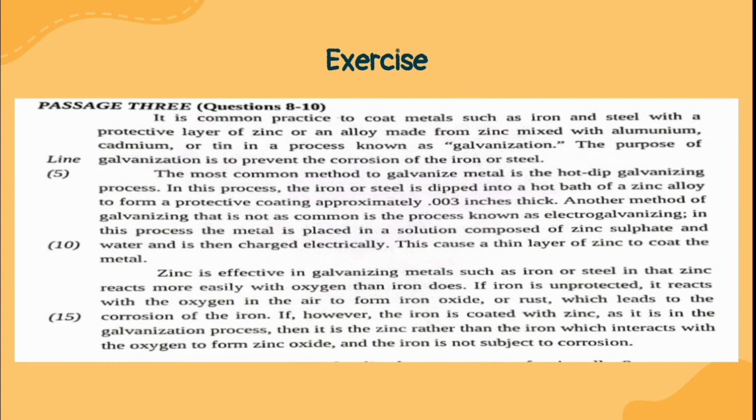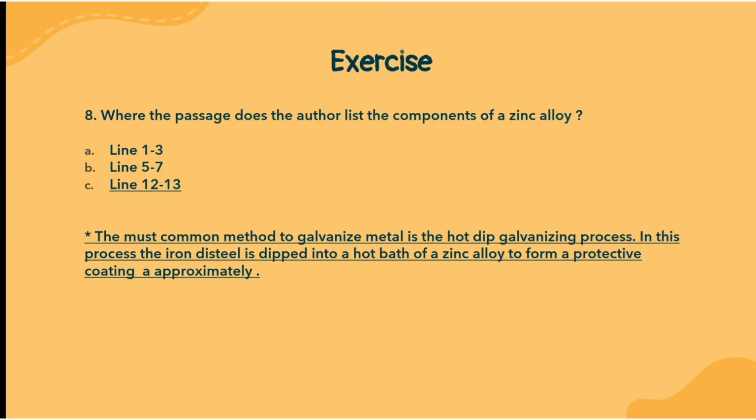If, however, the iron is coated with zinc as it is in the galvanization process, then it is the zinc rather than the iron which interacts with the oxygen to form zinc oxide, and the iron is not subject to corrosion. 8. Where in the passage does the author list the components of a zinc alloy?